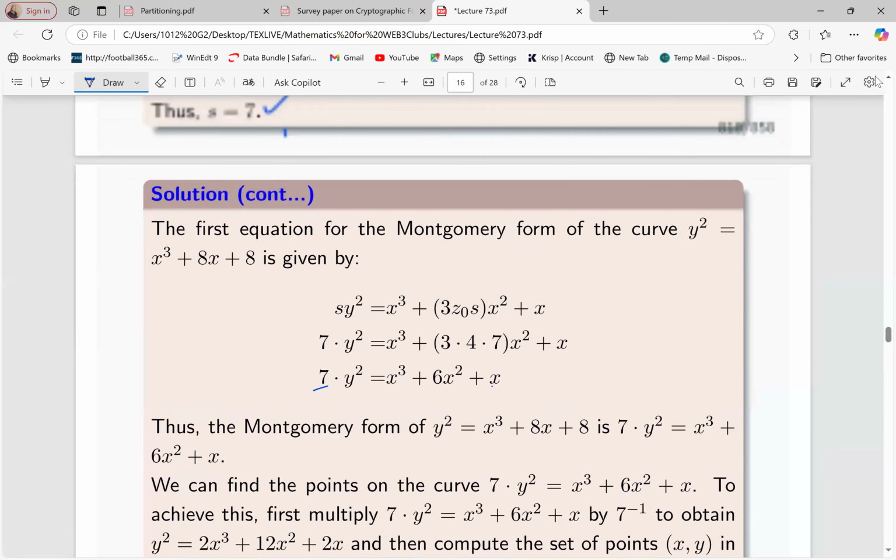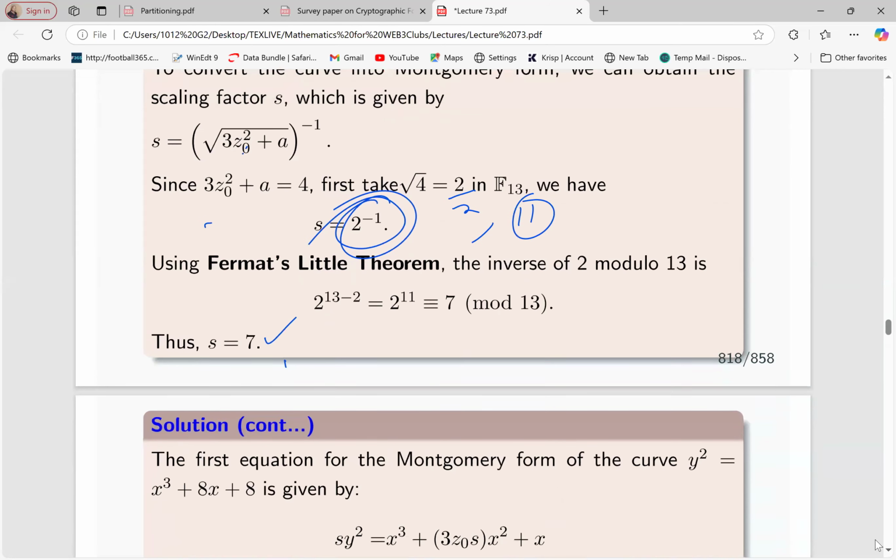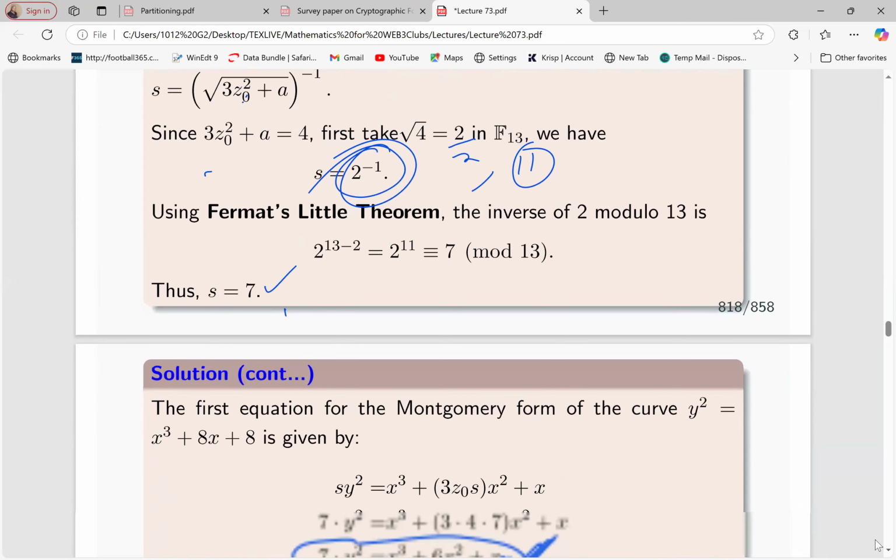Now, we go back. We took the case when the square root was 2, and we had denoted that the other square root is 11. So you can now go back and find s, which is the inverse of 11.